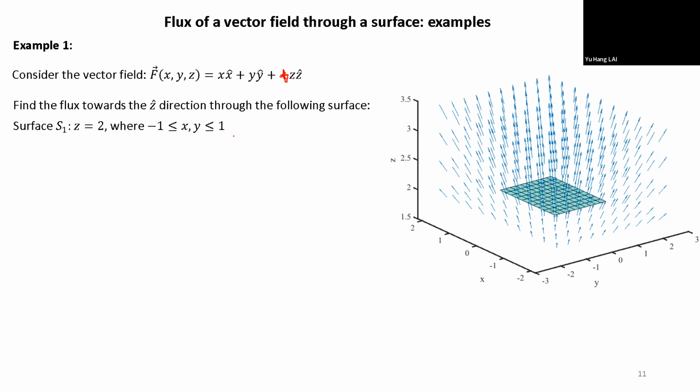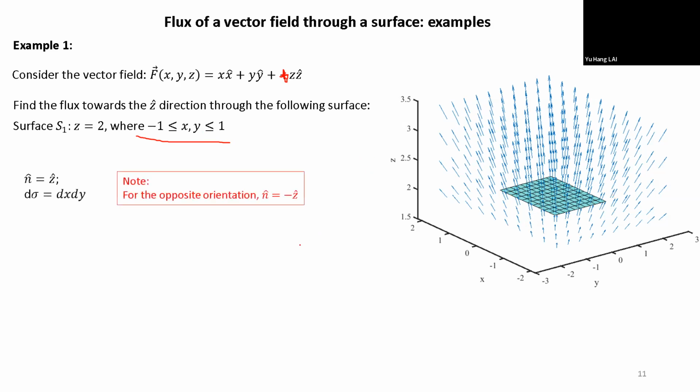So this surface is easy. It's just a square plane situated at z equals 2, and it goes from x equals minus 1 to x equals 1, and from y equals minus 1 to y equals 1. That's a square plane. If you want to find the flux, first of all, pick your normal vector.